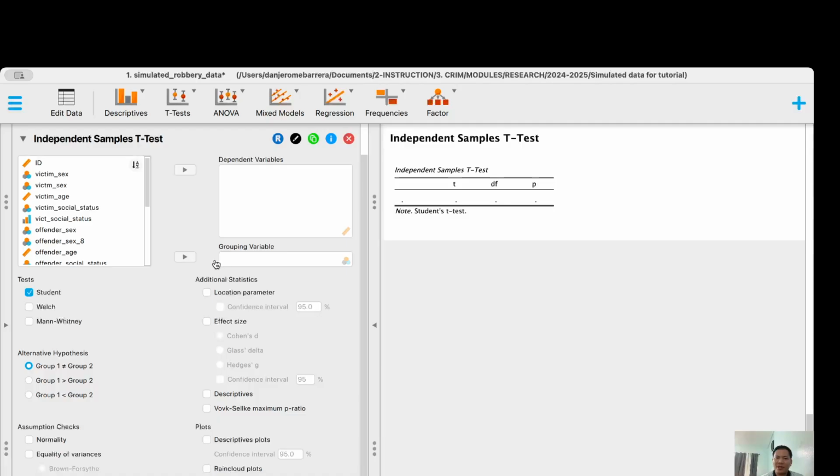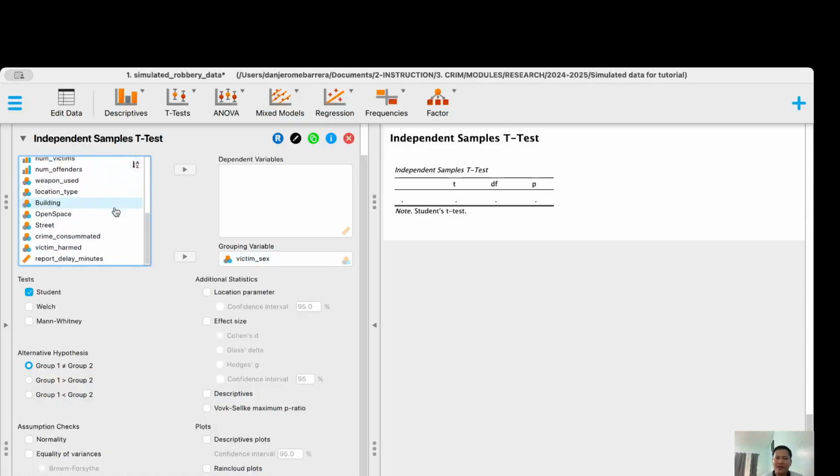So let's start placing in the grouping variable window the victim's sex. Here, it's already here, victim sex. Then let's locate reporting delay in terms of minutes and move it to dependent variables.